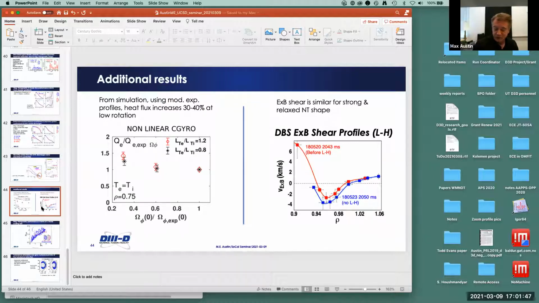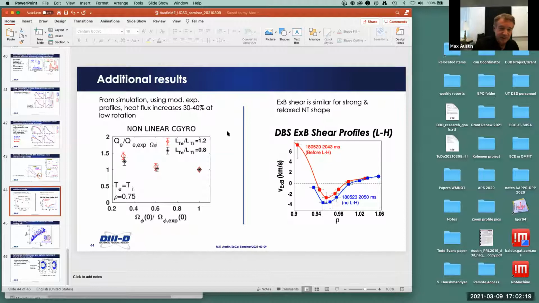the rotational shear, which by the way we mostly use co-beams, so there is fair rotation. And as a matter of fact, it looks like in some cases the momentum confinement is better in negative triangularity. So these things are rotating pretty well, and no doubt there is E cross B shear. And actually, this lets me use one of my extra slides. This is from Alessandro, who looked at the effect of rotation shown here on the left.